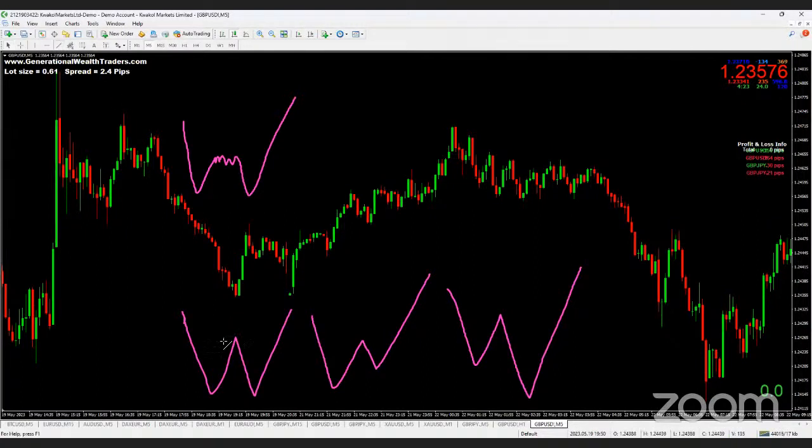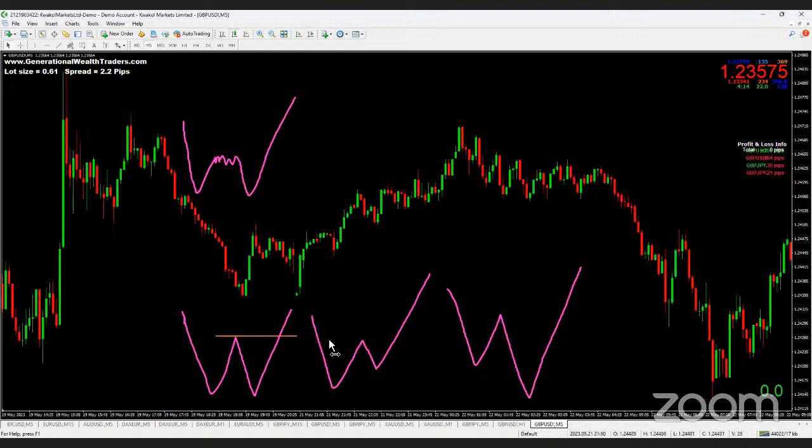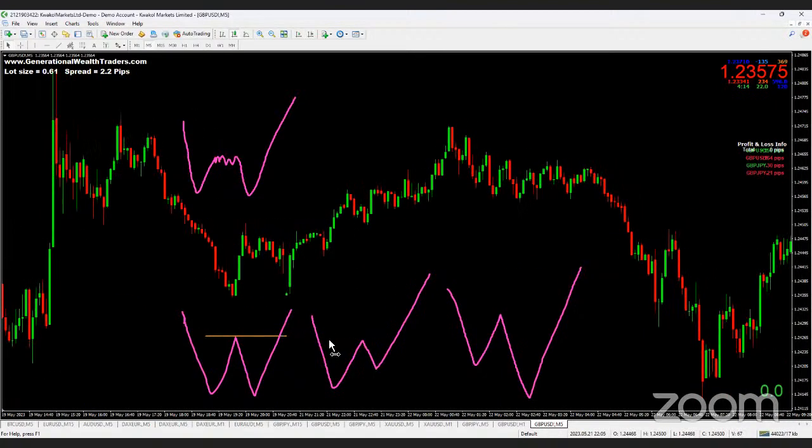A lot of traders will be waiting for the price to break above here first, and then they enter here. But what I'm going to be showing you today is how to enter the price just on time.